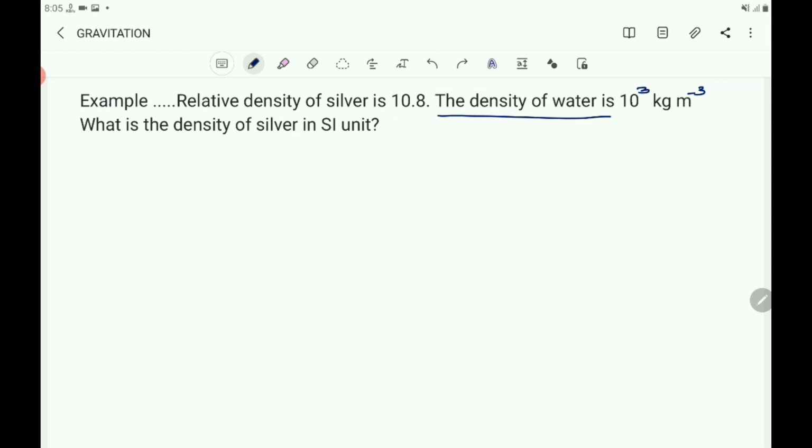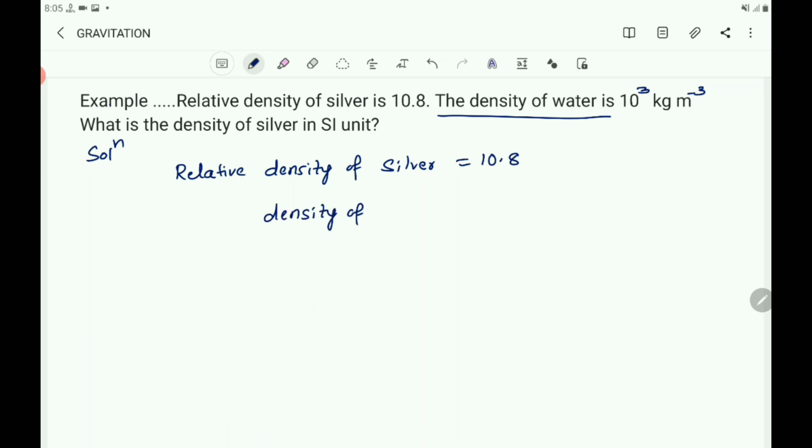So you write the solution. Relative density of silver equals 10.8. And density of water is 10 power 3 kg m power minus 3.